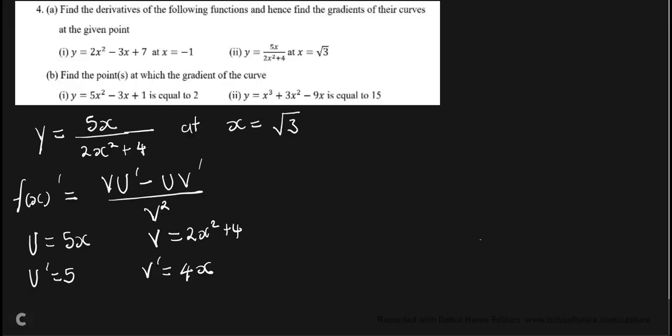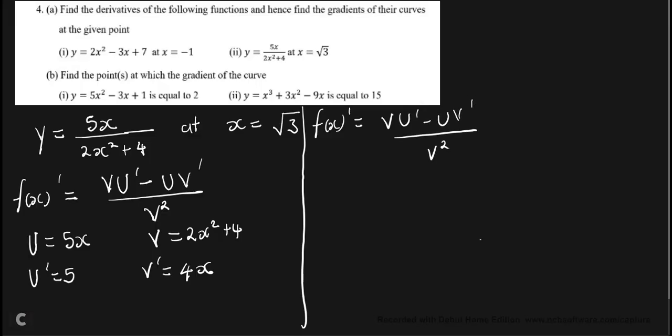Then now let's substitute in the given equation. We differentiate. Remember that f prime of x equals vu prime minus uv prime over v squared. In that situation, your v is 2x squared plus 4.